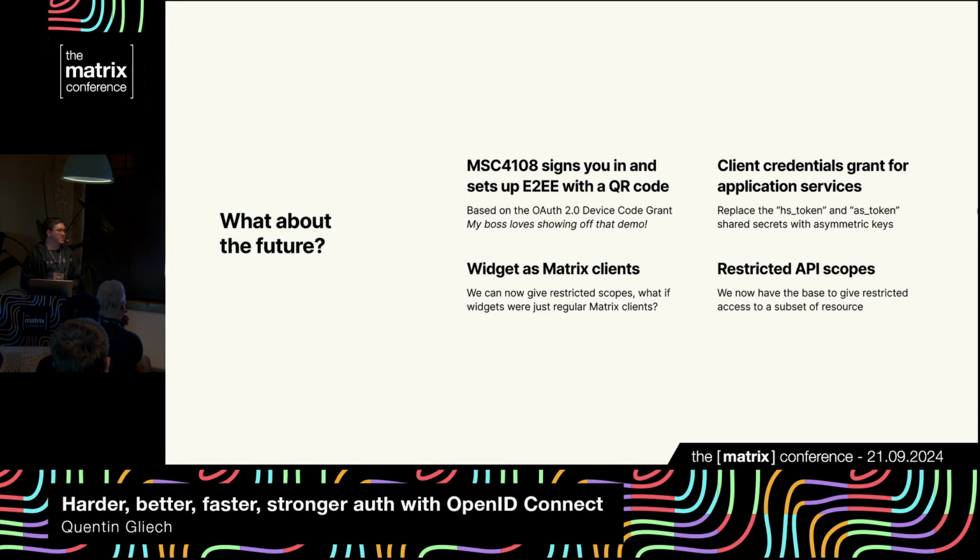We could replace the current authentication mechanism between your home server and your bridge, that are currently just shared secrets, with good asymmetric keys and leverage some of the other primitives we have in OAuth for that. And in general, right now, as I said, we only define basically one scope, which is full access to your accounts.